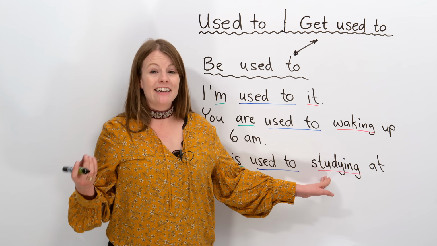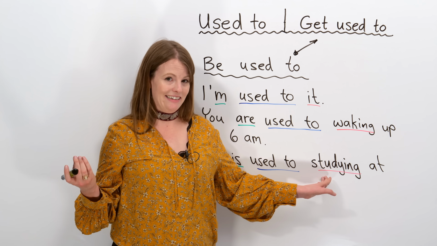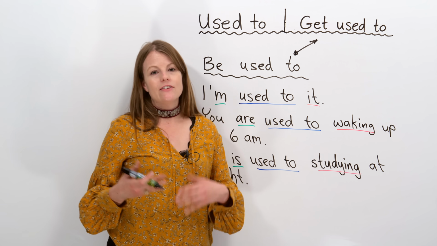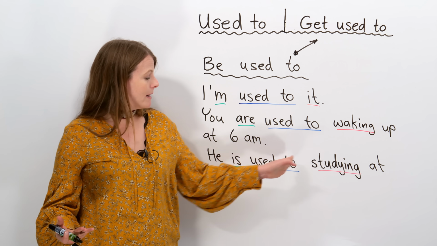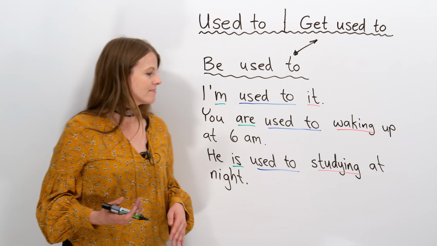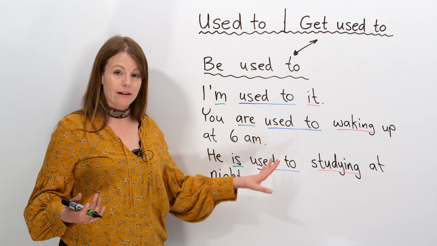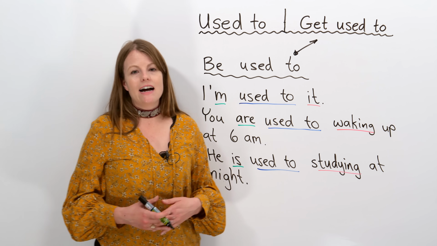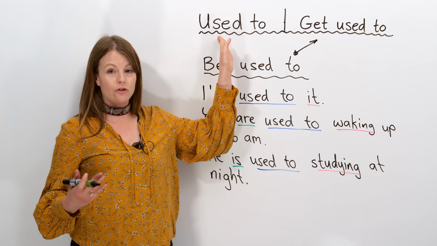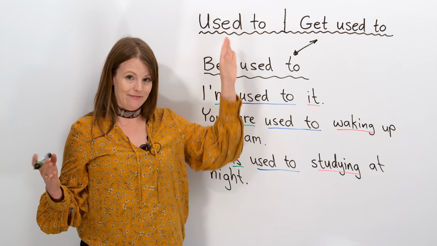And then we have another verb, studying. You'll notice it ends in ing. So again, when a verb comes after be used to, it ends in ing. Okay, so these are just some examples. And again, these are the same. Used to is the one that is different.